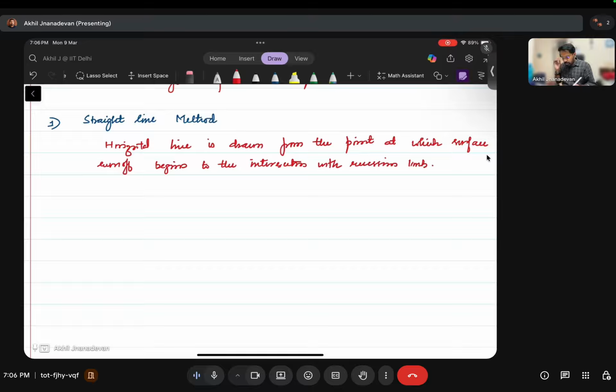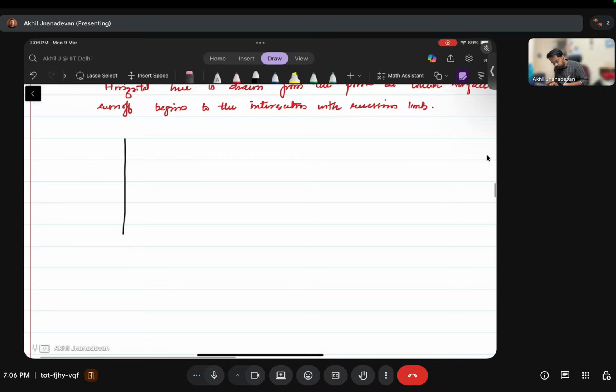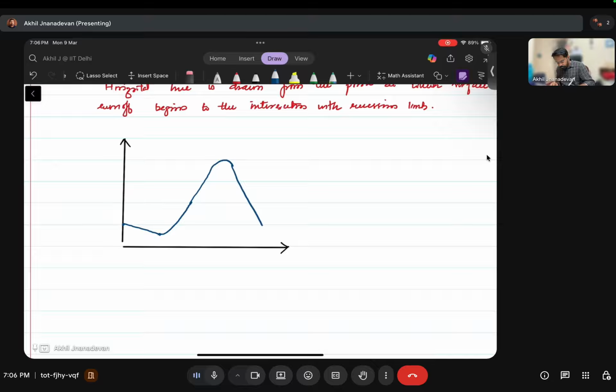Right. So basically, if we have a stream hydrograph like this, initially we have the base flow recession, and then we have the rising limb. It will be smoothly rising, and then we have the crest, and we have the falling limb, point of inflection, falling limb, and then followed by our base flow recession.